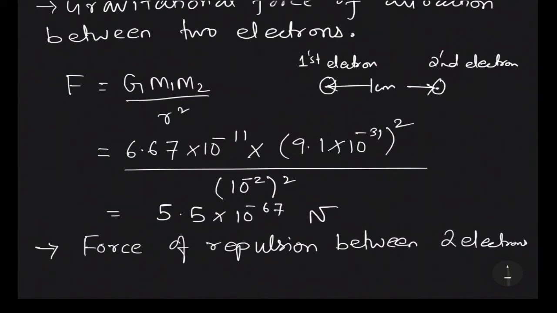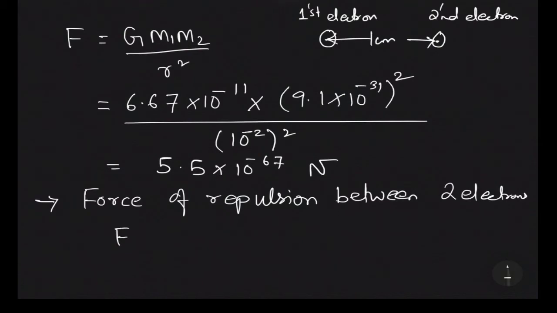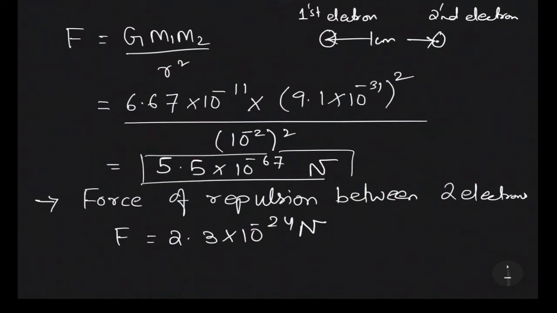And it was found to be approximately, say, taking that 1 centimeter distance only between two electrons, 2.3 into 10 to the power of minus 24 Newton, which is quite large as compared to the gravitational force of attraction. So this is the force of attraction and this is the force of repulsion.